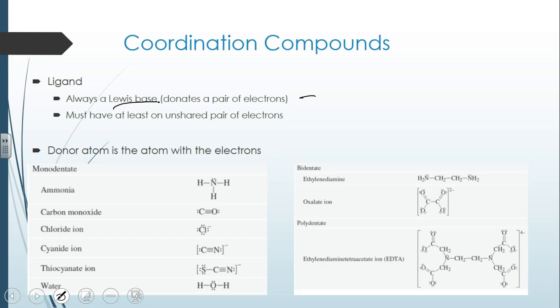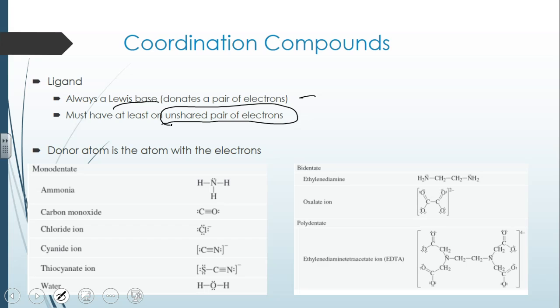A Lewis base is defined as something that donates a pair of electrons. An acid accepts a pair of electrons. So because the coordinate covalent bond is made by the ligand donating its 2 electrons, it must have an unshared pair of electrons in order to be considered a ligand. And so that's something that you'll see.